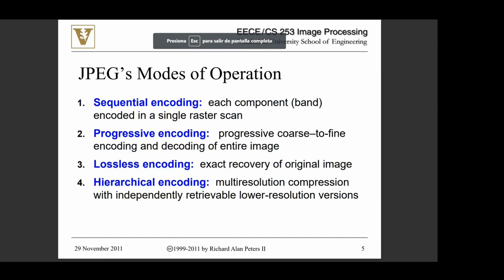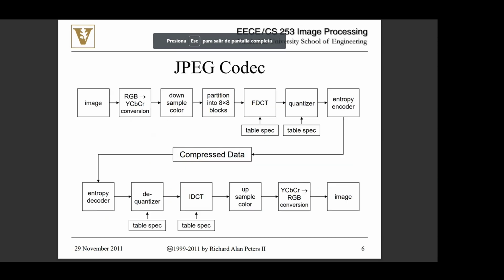There are multiple ways of encoding. We will see just the first one, but the standard defines other possibilities. This is the general structure of an encoder and decoder. All this part is called an encoder. All this part is called a decoder. And then you have the compressed data that may live in a file, or may be transferred through a network.